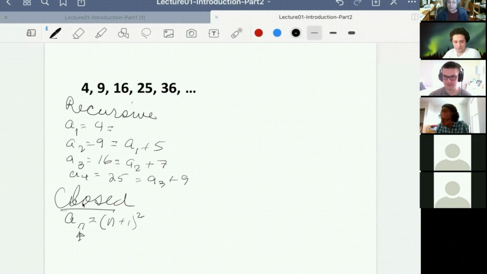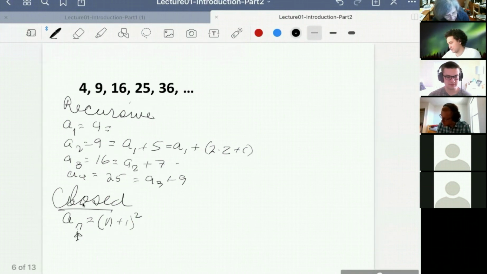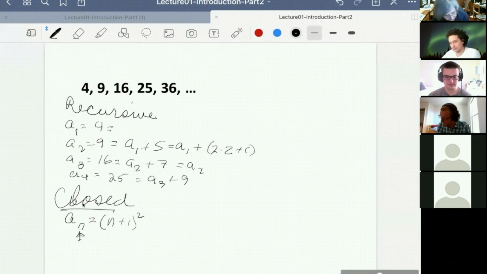Do you see a pattern emerging here? I see a pattern emerging here. Okay, so let's look at that. A2 is A1 plus 2 times 2 plus 1. And A3 is equal to A2 plus 2 times 3 plus 1.